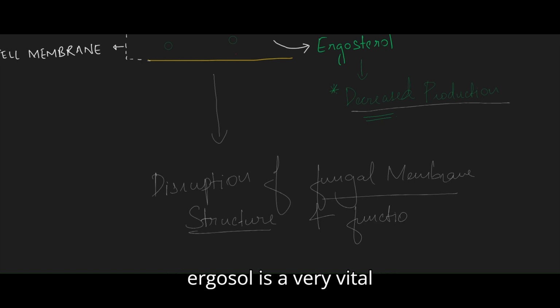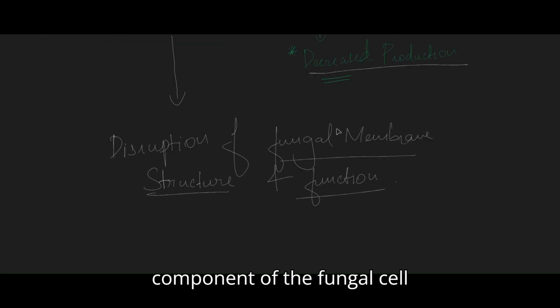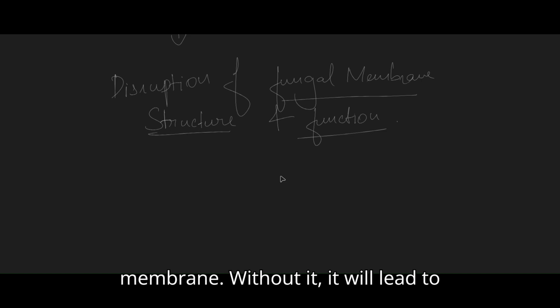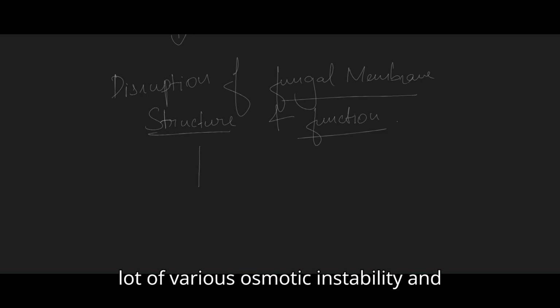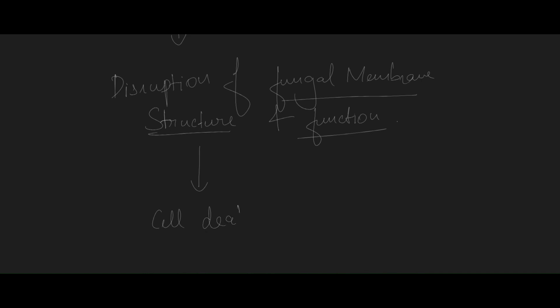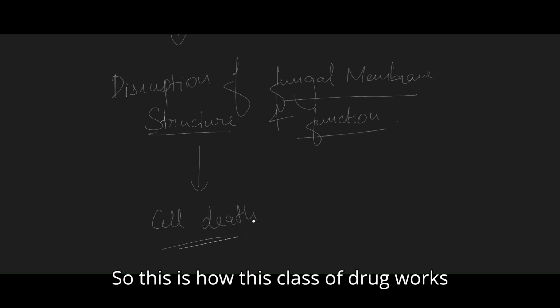As I told you, ergosterol is a very vital component of the fungal cell membrane. Without it, it will lead to various osmotic instability, and ultimately it will lead to cell death. So this is how this class of drug works, which is azoles.